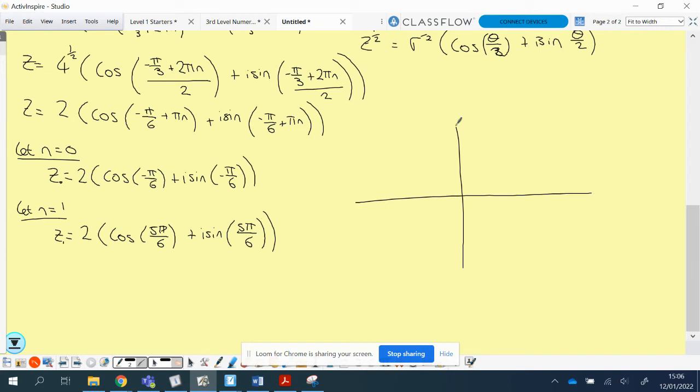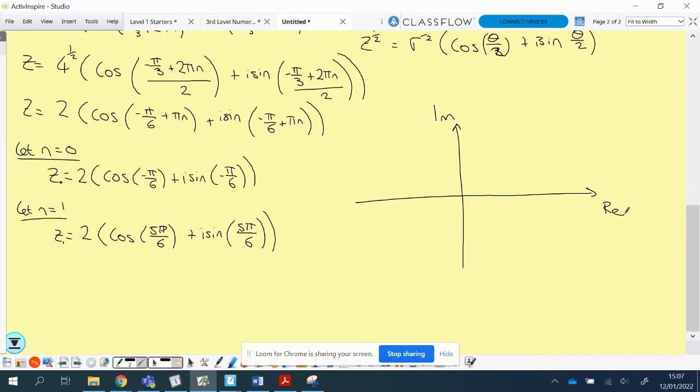So, imaginary axis at the top, real axis along the bottom. My first one was going to have a length of 2, but where do I locate it? Well, my angle is negative pi over 6, so that means it's negative 30, which means I have to go down 30 degrees from the real axis.